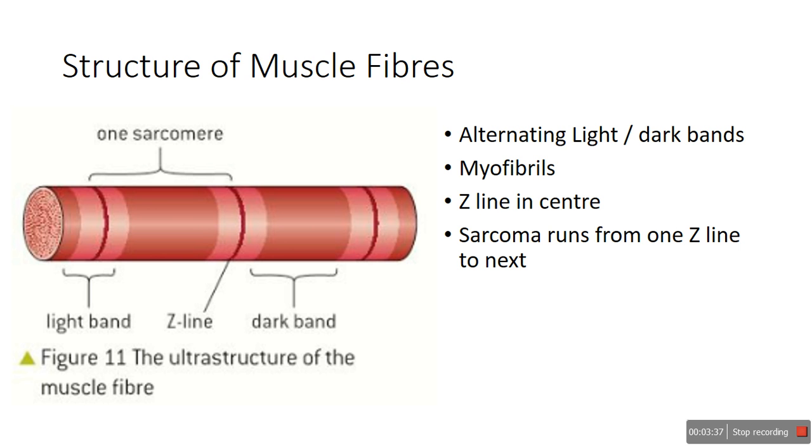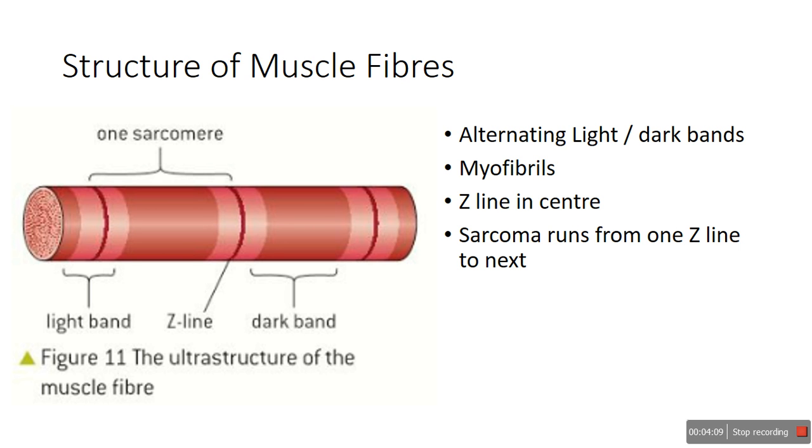Okay, moving on. Here's a close-up of one of those muscle fibers. What you can see is a light band which has a Z line running through the center. Interspersed between those light bands and Z lines is a dark band area. This combination of the dark band area and the light band area is what we call one sarcomere.